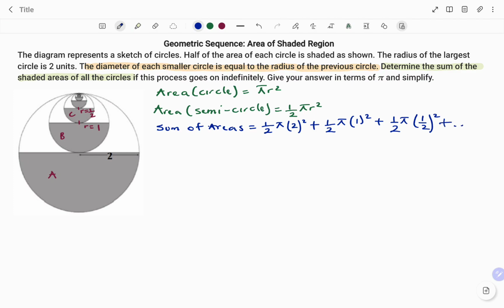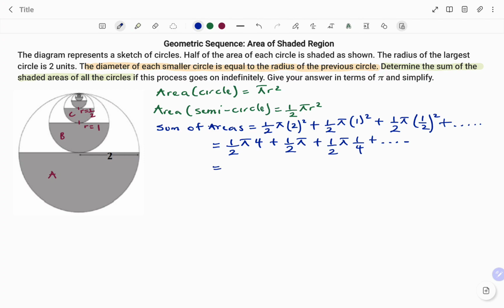Plus that goes on. Therefore, simplifying, I have the sum of areas equals half times pi 2 squared, that's 2 times 2, which is 4, plus half times pi 1 times 1, that's 1, plus I have half pi, half squared, that's 1 over 2 times 1 over 2, that's 1 over 4, and that goes on.